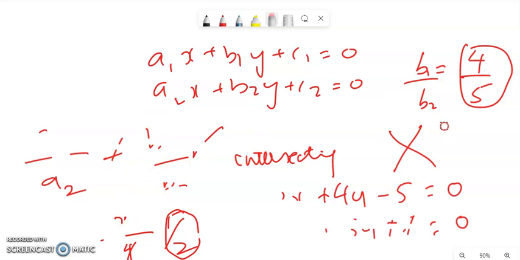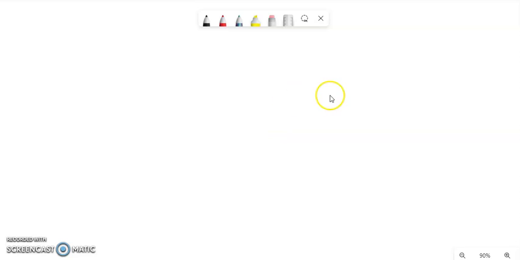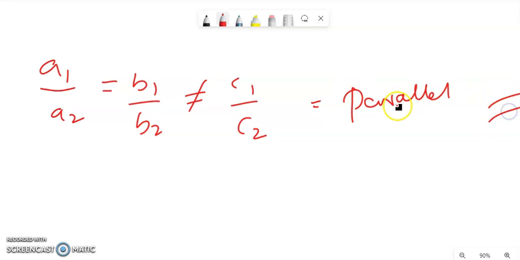For parallel, a1 by a2 will be equal to b1 by b2 but not equal to c1 by c2. In this condition, my lines are parallel. That means I will not have a solution, and you should remember that.